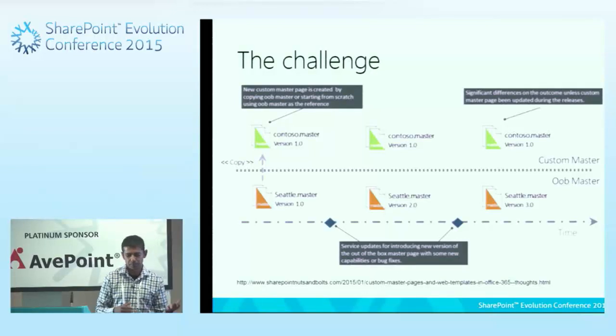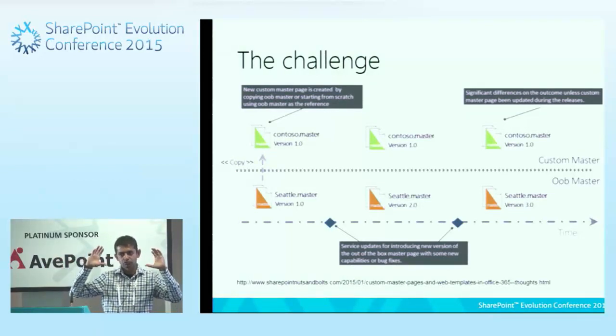Recently they introduced Delve and a whole bunch of other things, and there are certain elements on a standard SharePoint Online site, on your default master page, that they will change underneath. I don't know if you know Chris O'Brien.